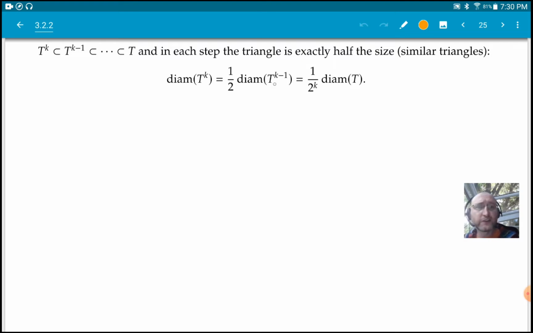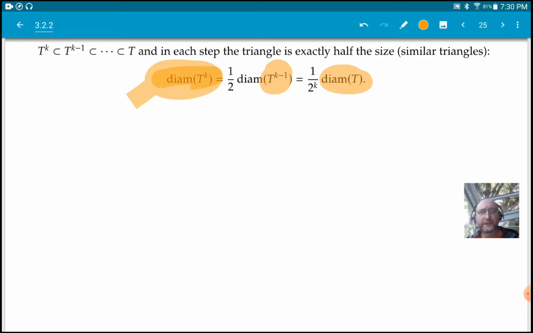So if we take T_{k-1} and take 1/2 of its diameter, that's exactly the diameter of T_k. The diameter of T divided by 2 to the k gives precisely the diameter of T_k.